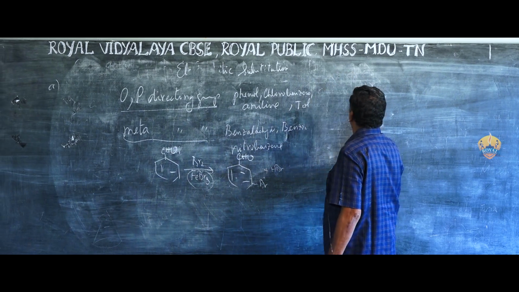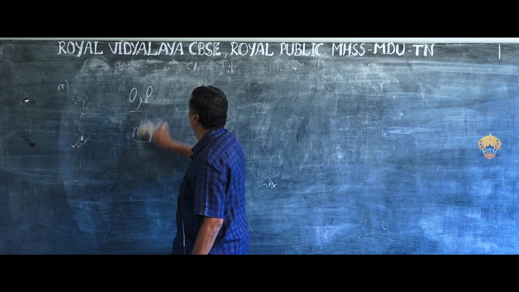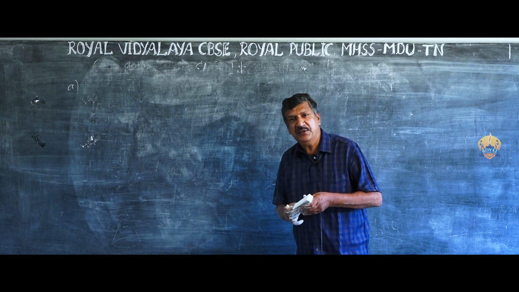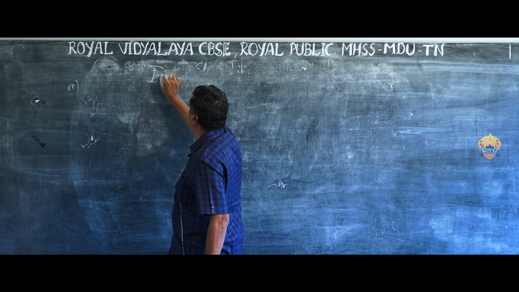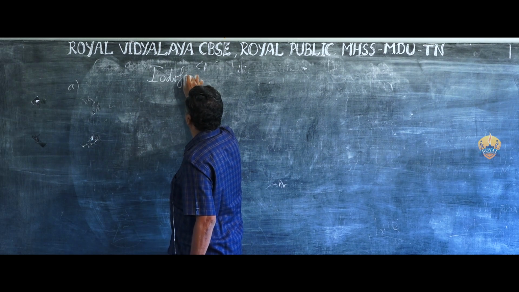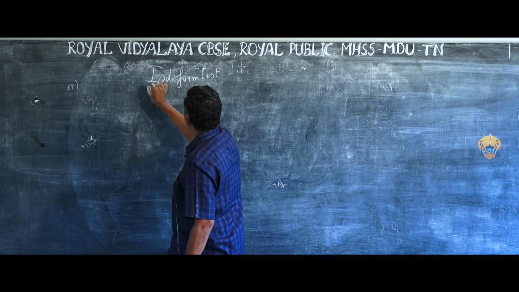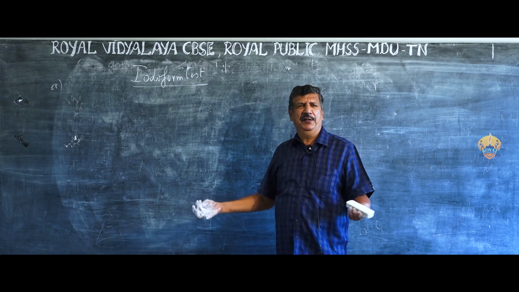Okay. I am just going to tell the last concept regarding the common reactions. This is the last concept. What is the last concept? Iodoform test. What do you mean by iodoform test? First of all, I'll tell you.